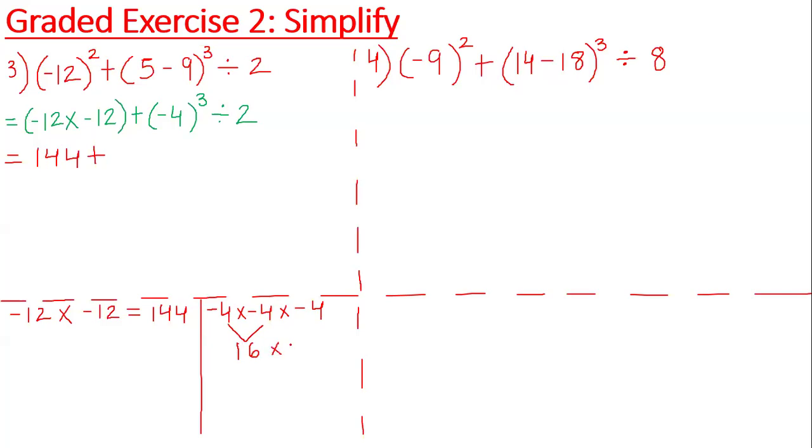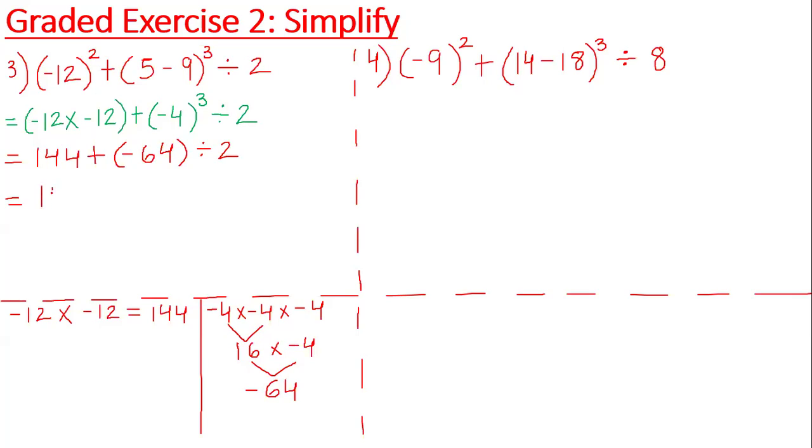We bring down the negative 4. 16 times negative 4 is what? Negative 64. Negative 64, good. And so we have negative 64, divided by 2.